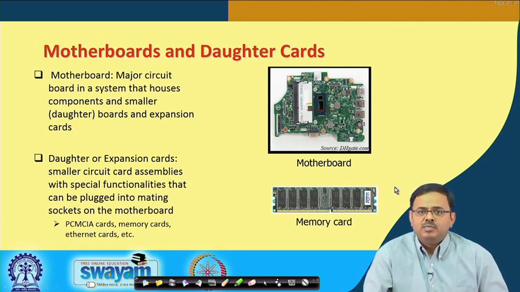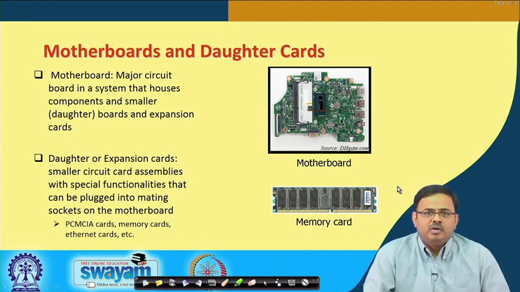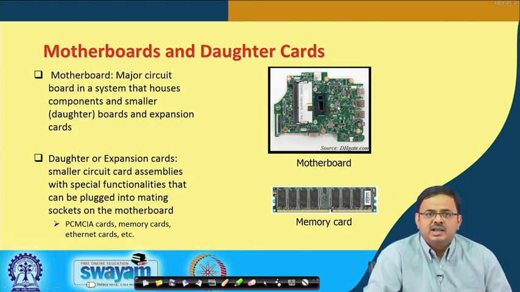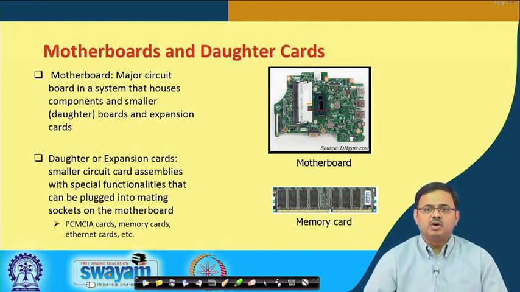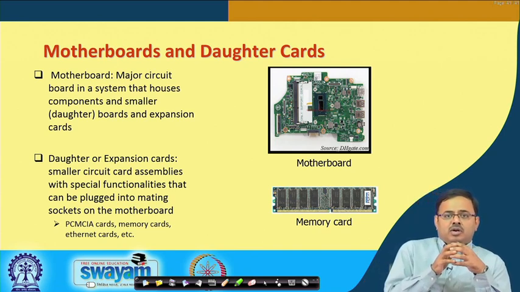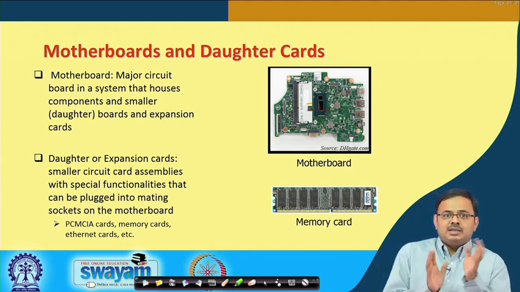Onto the motherboard, of course, you have components that are attached, as we saw in our second level packaging, but you also have provisions for connecting additional smaller circuit cards. Those are often called daughter boards or daughter cards, expansion cards, and so on.